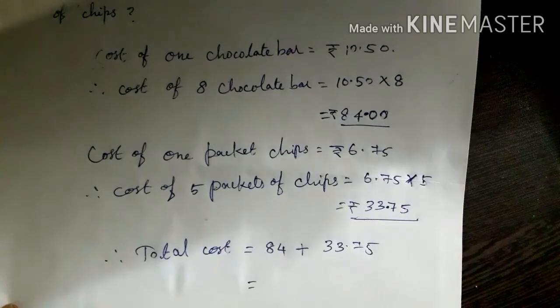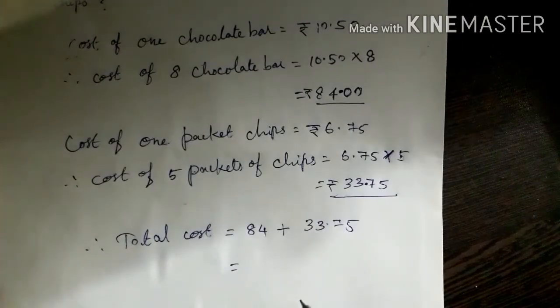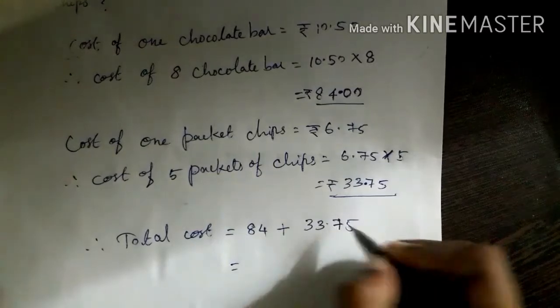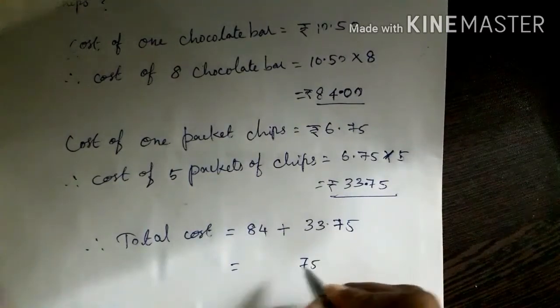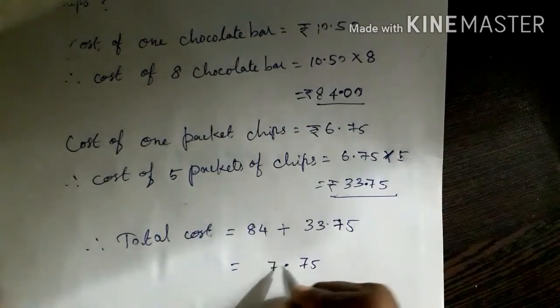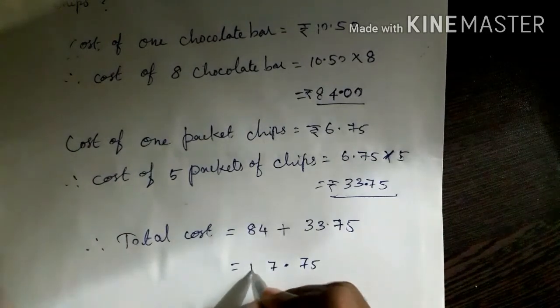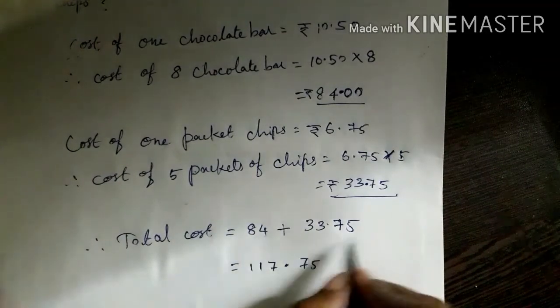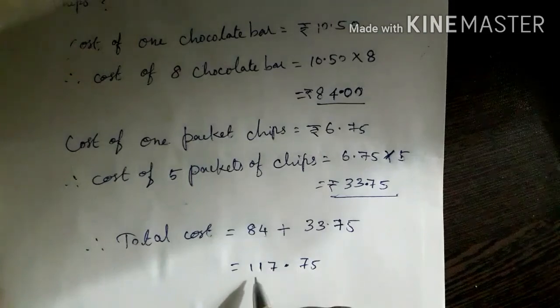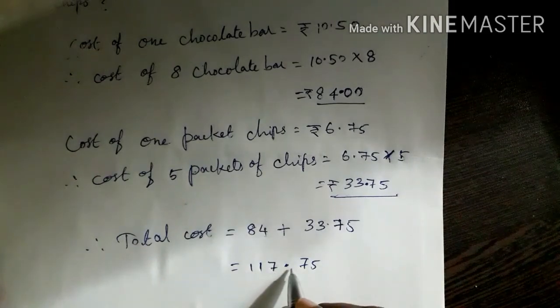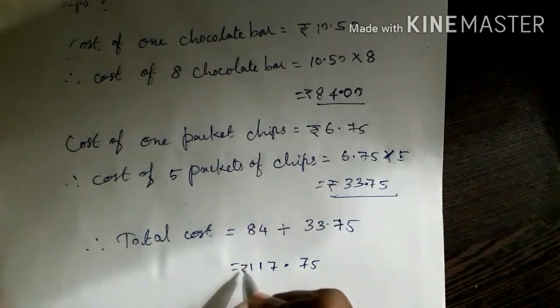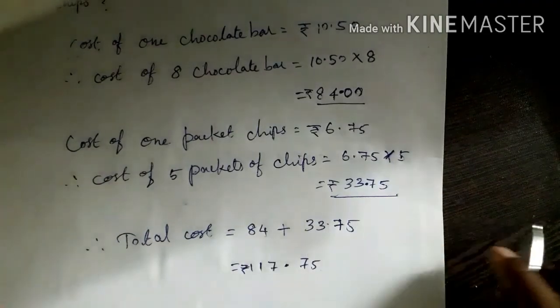Add both numbers and write the total cost. What will you get? You just add and write, you will get 117.75 rupees totally. I hope you understand. Thank you.